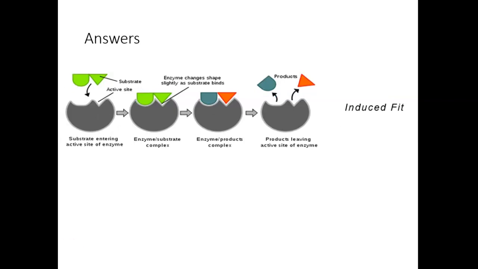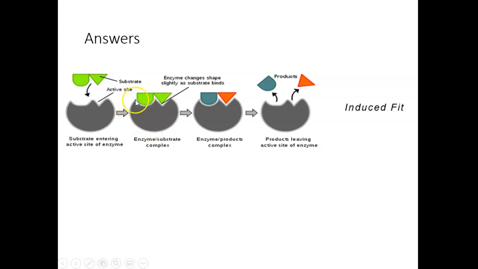So looking at this, you can see that over here, this is our substrate. This gray thing is the enzyme, and these little locations here are called the active sites. So the substrate entering the active site of the enzyme is the action that's taking place.